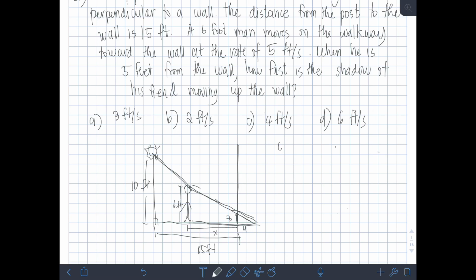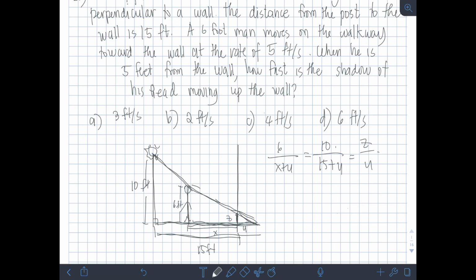So, we have 6, yung height ng man, over x plus u, equals yung kabuang triangle 10 over itong kabuang length 15 plus u. Okay? And then, pwede ring itong kabuang triangle dito sa maliit na triangle na to. So, equal siya saan? z over u.